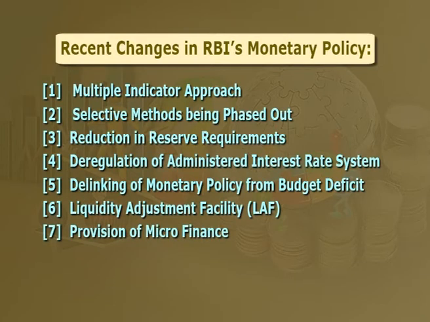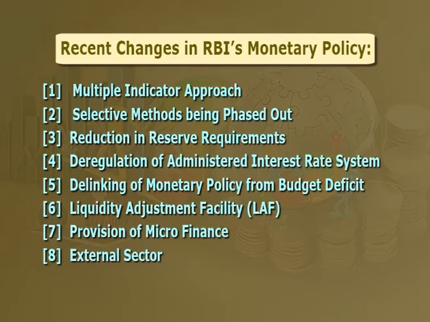Point number 7, provision of microfinance. By linking the banking system with self-help groups, RBI has introduced the scheme of microfinance for rural poor. Along with NABARD, RBI is promoting various other microfinancing institutions.